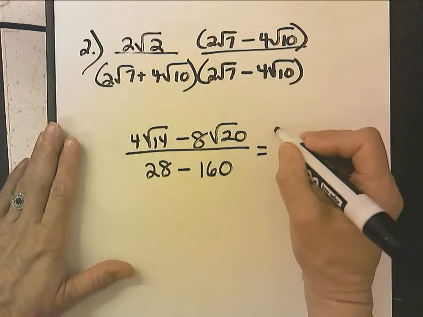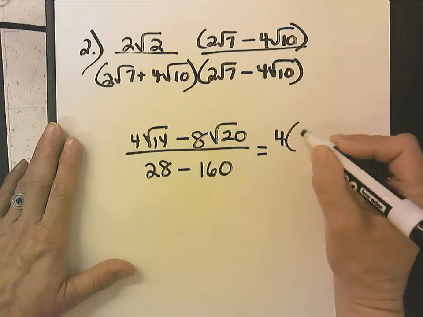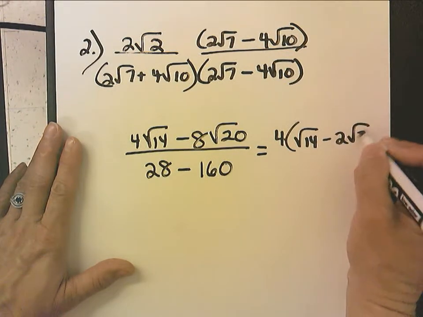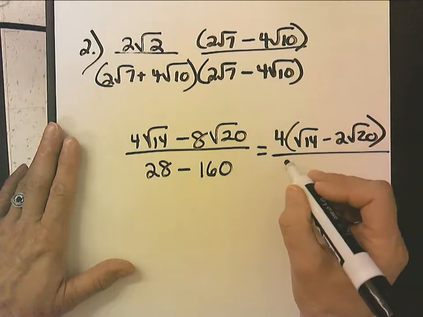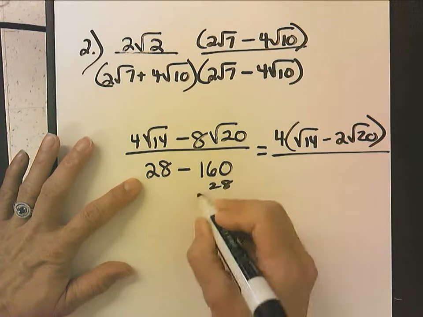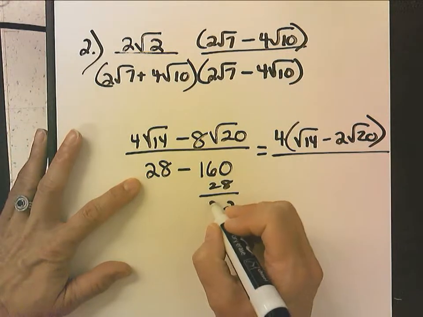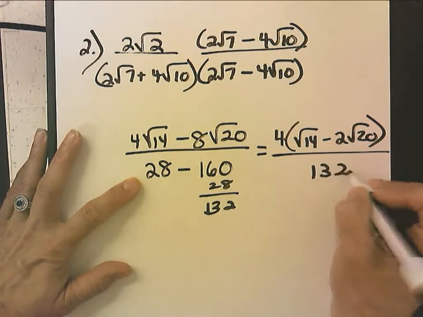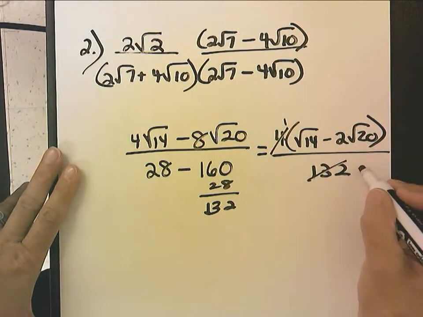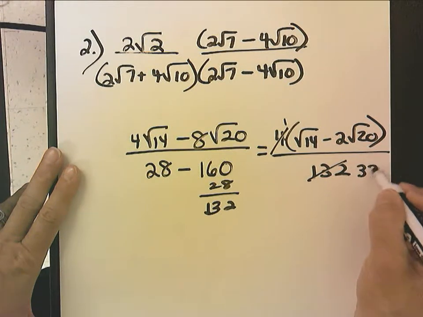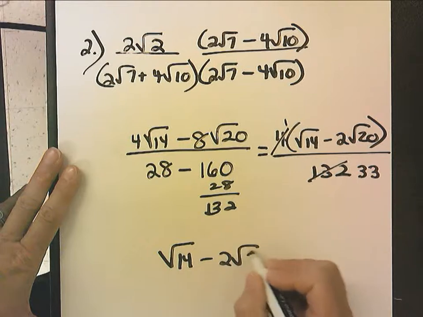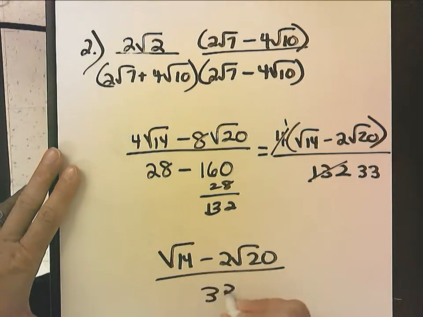So this ended up being root 14 minus 2 root 20 all over 28 minus 160 is 132. Now the 4 and the 132 can cancel out. 4 goes into 132 33 times. So I have root 14 minus 2 root 20 all over 33.